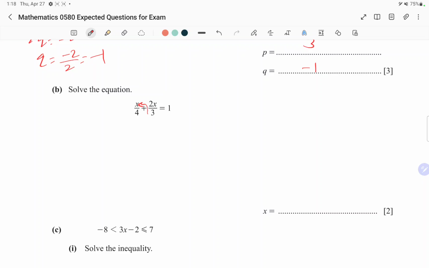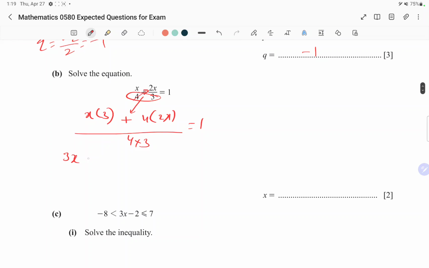So you can cross multiply like that. So x times 3, and if it is plus sign here, we have to write plus sign, and then we have to multiply 4 times 2x and divide by, just you have to multiply 4 times 3 and then equals 1.